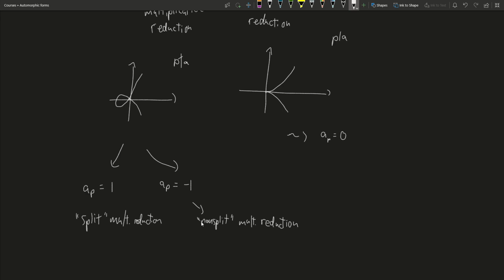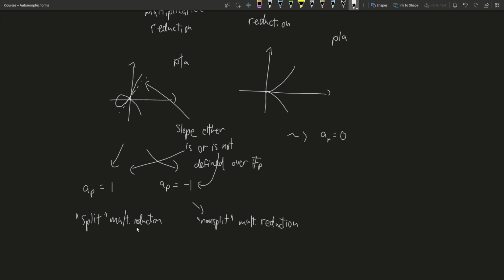And what these mean, split and non-split, is you look at the tangent line, and the slope of this tangent line either is or is not defined over your ground field F_p. And so when it is, you have split multiplicative reduction, and when it is not, you have non-split multiplicative reduction.